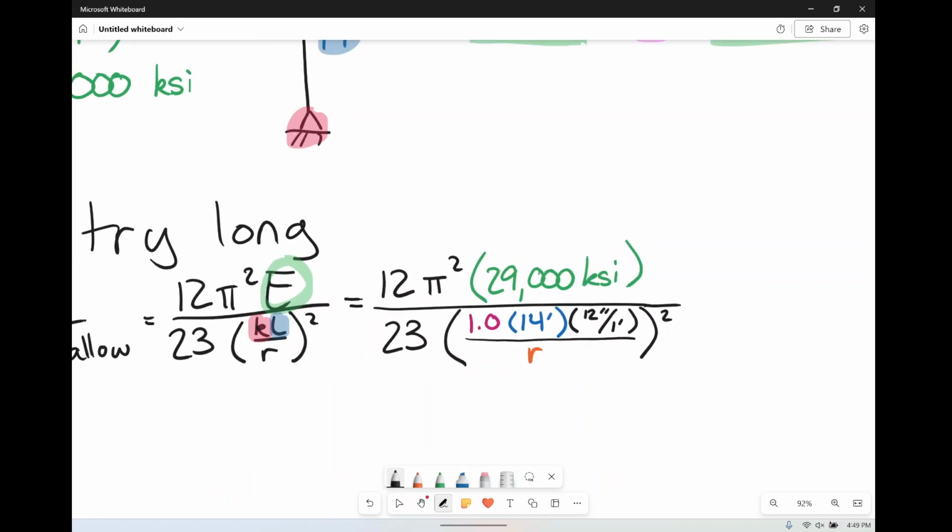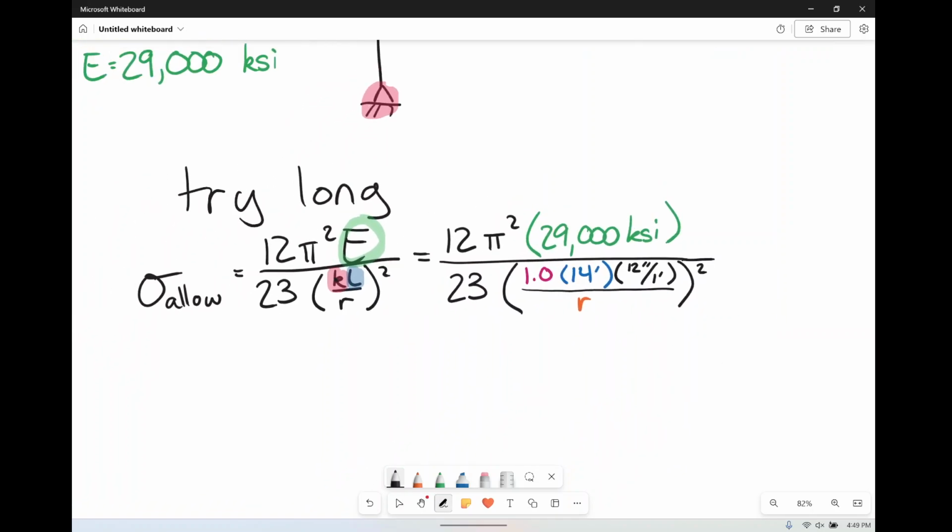But we do have a lot of numbers. And since we're dividing by another division, I'm technically multiplying by R squared. So I'm going to get a really big number for sigma allow here. Well, big on the top, big on the bottom, magically shrinks it down to something not quite so big. And that's 5.29 R squared.